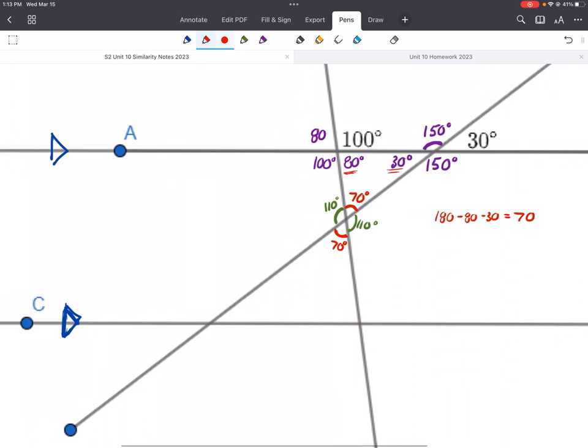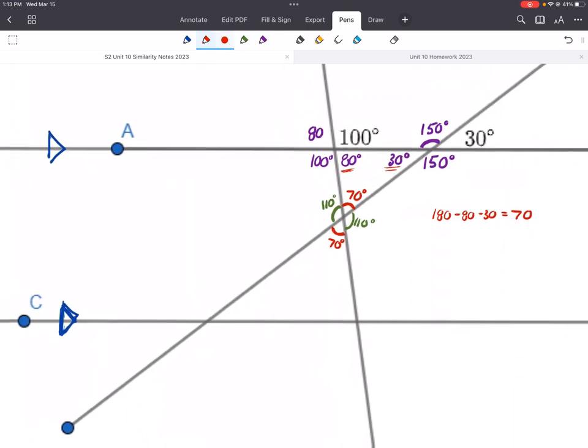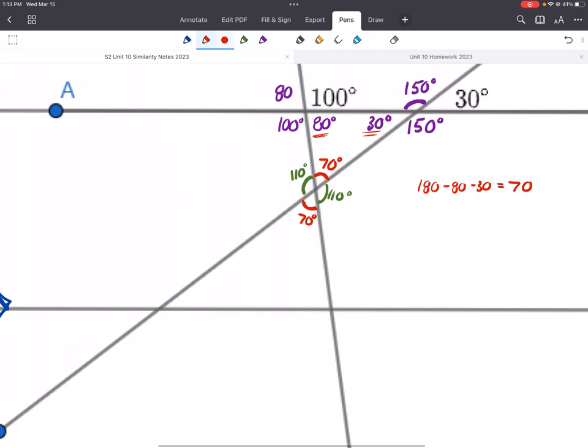by what we know about parallel lines and a transversal. So let's look at this angle. Is there a way that we could figure out this angle? Well, considering that we have two parallel lines and a line that is a transversal, we know that this 30 and this angle are alternate interior angles.